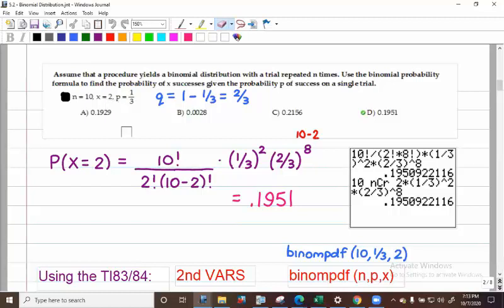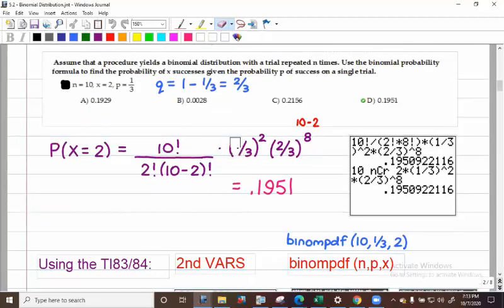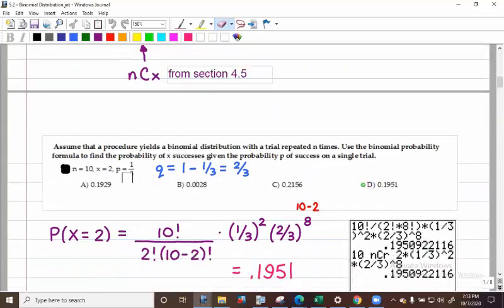All right, so using the formula, you'd use that combination formula. Last time I did it with the factorials, and here I did it with the NCR formula. And then the P is 1/3, and that formula says it's raised to the X. The X is 2, and then the 8 comes from the 10 minus 2, N minus X. So these two exponents always add up to be whatever N is.